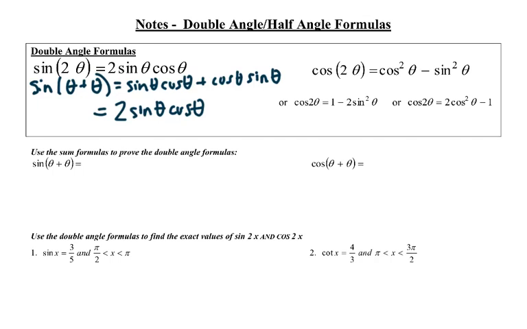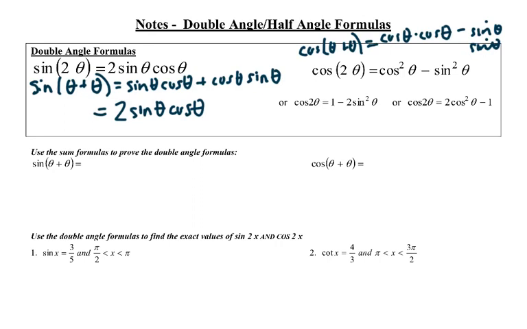The cos of 2 theta, if I squeeze that in up here, this would be the same as the cos of theta plus theta, or cos theta cos theta minus sine theta sine theta. So cos times cos, of course, is cos squared, sine times sine, sine squared. And then we have little spin-offs that are related to our original spin-offs, right?